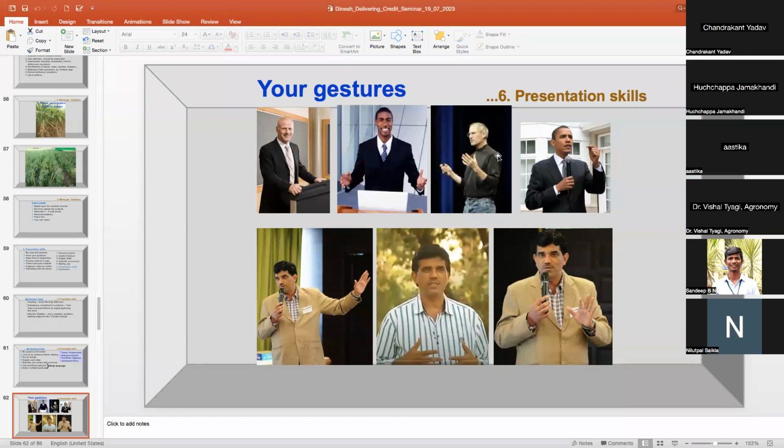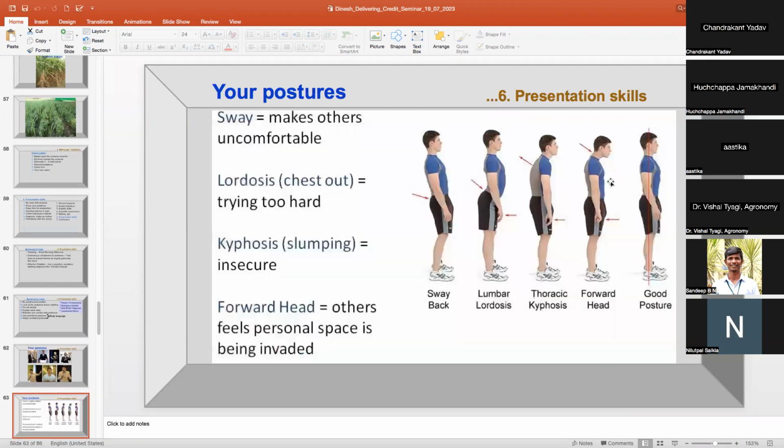I like this one by Steve Jobs. And this is Barack Obama. See, quite emphatic. Now you see the postures, meaning position, how you stand there. You see sway. Sway means sway back.